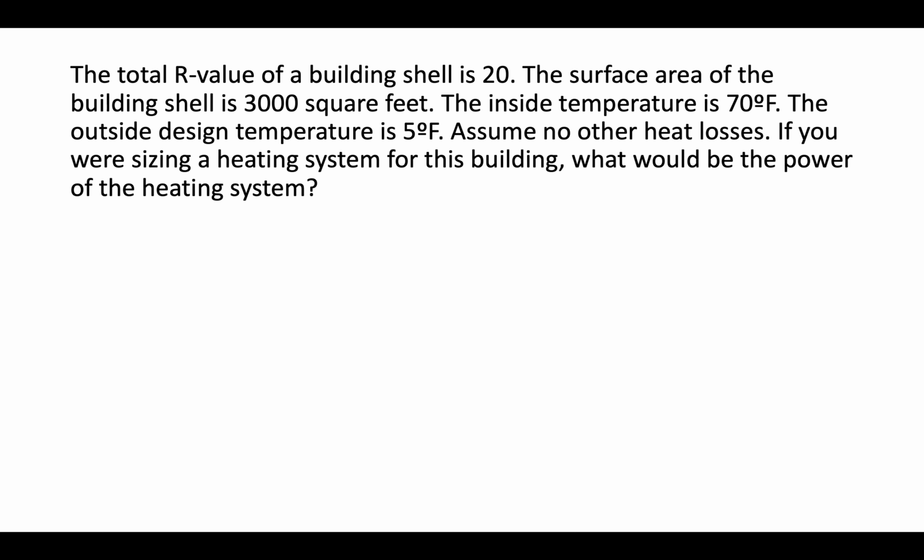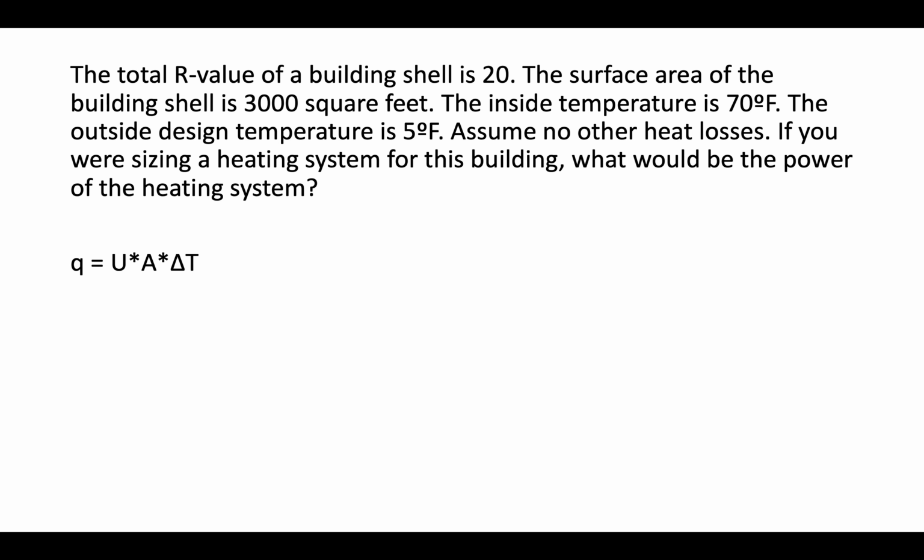So we're going to assume no other heat losses, so we're really just using conductive heat losses for this example. If you're sizing a heating system, what would be the power of the heating system? That means this heating system, whatever it is, would need to provide sufficient heat to maintain a 70-degree temperature when the outside temperature is 5 degrees Fahrenheit.